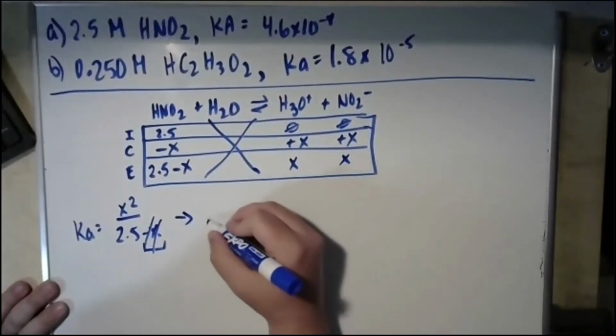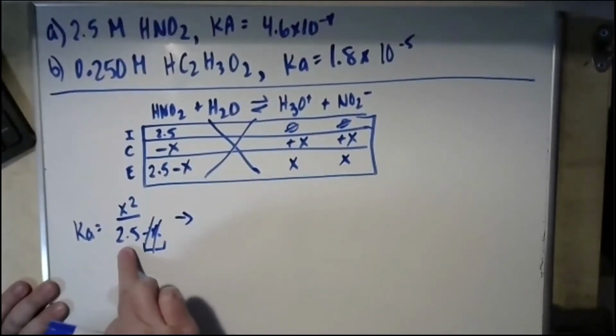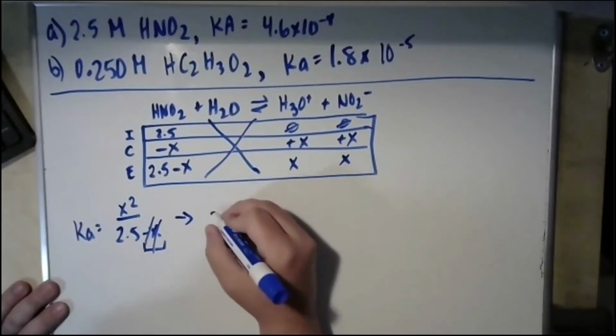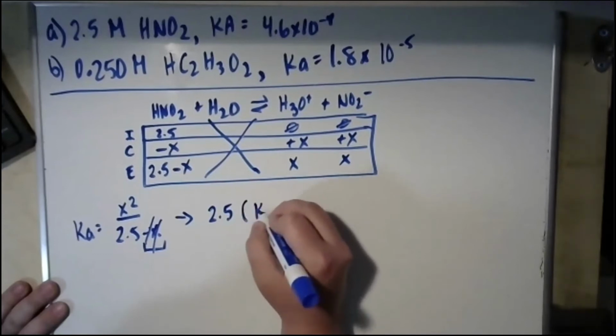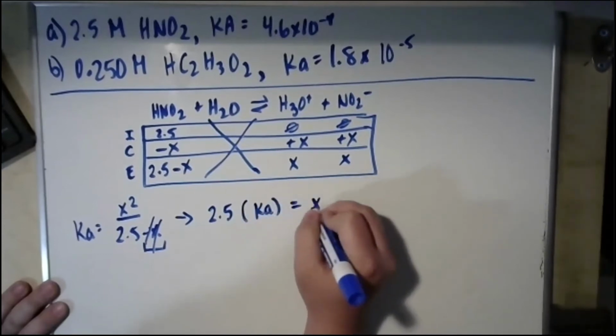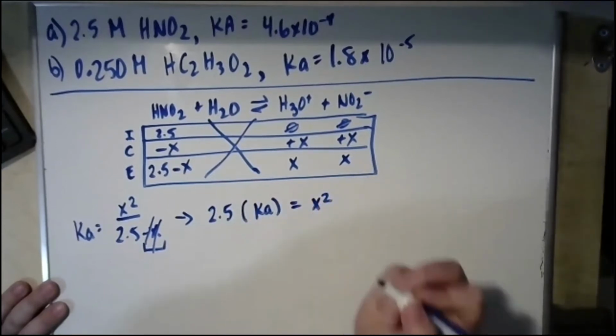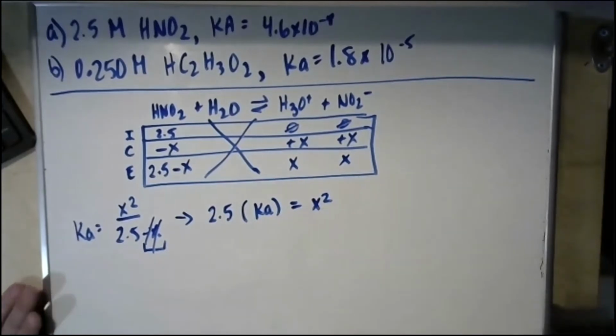So I'm going to rewrite this. I'm going to multiply both sides by 2.5 so that I can continue solving for x. So 2.5 times my Ka value is going to equal x squared. Let's do that calculation out.